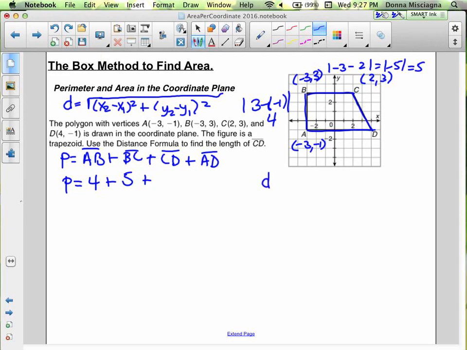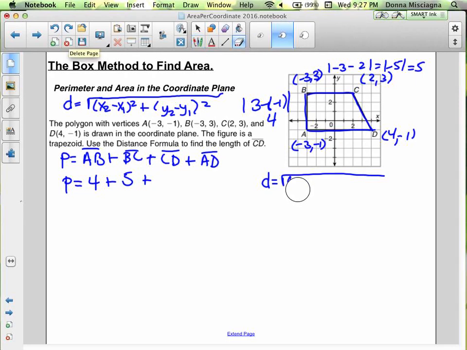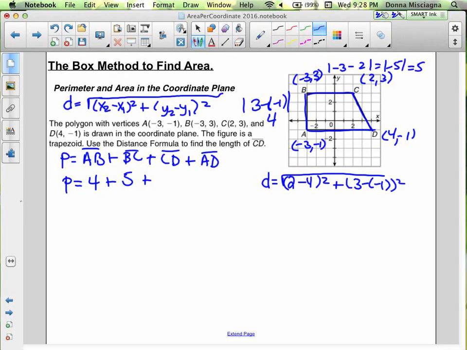All right, so the length of CD. Let's write D in here: 4, -1. Let's use the distance formula to find the length of CD. That's going to be the difference in the x coordinates, 2 minus 4 squared, plus 3 minus -1 squared.